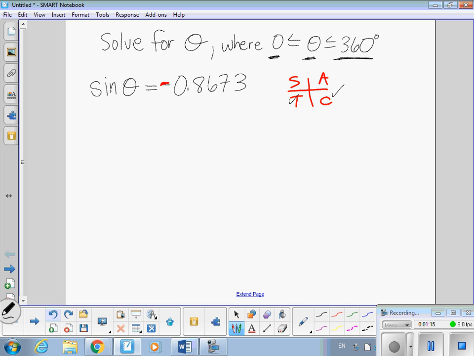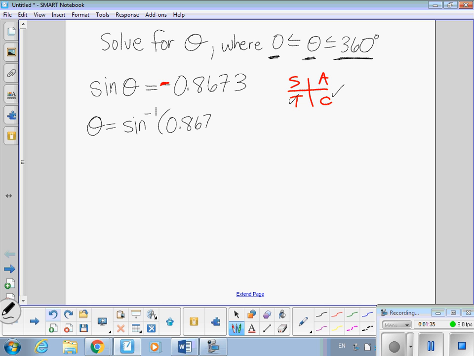Now, if I do sine inverse of the negative number, it will give me either the fourth quadrant or the third quadrant. But what I'm going to do, because this way always works, is I'm going to say, what is theta if that sine ratio was positive?